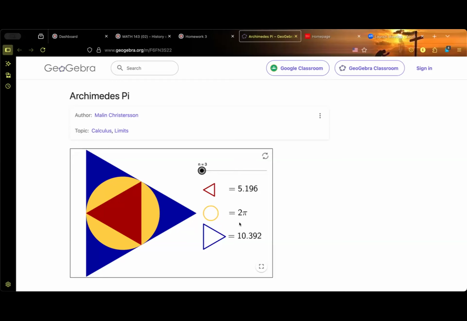In this case, n equals 3 forms a triangle. Each side of the triangle has a length of 3, and here the total perimeter is 10.392. And the inside shape is a triangle, which is a shape with a smaller perimeter.